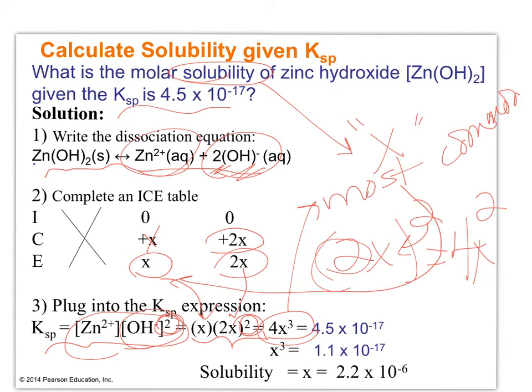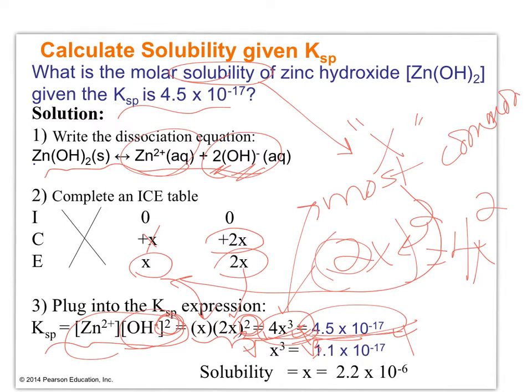Okay, now to simplify 4x cubed, you set all this equal to Ksp. The first thing you want to do is divide both sides by 4. Once you do that, you want to take the cube root of both sides. Check the calculator that you're going to be using for the exam. It may not have a cube root function.